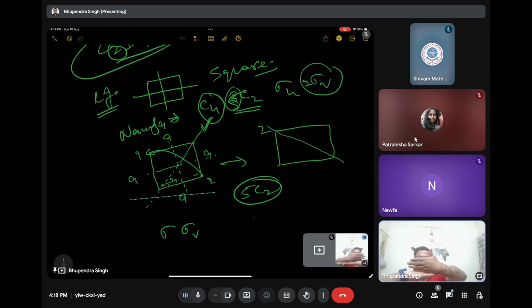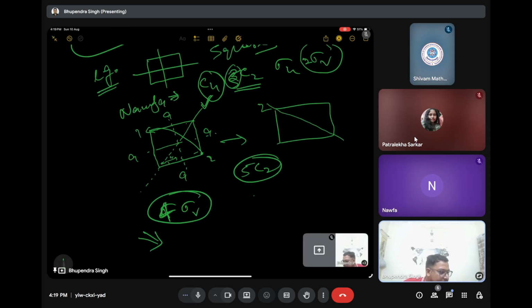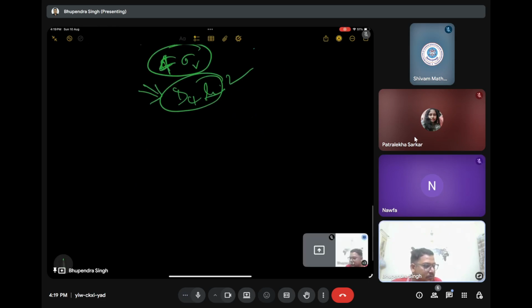This is 1 sigma, 2 sigma, 3 sigma diagonal, 4 sigma diagonal. And this sigma is sigma h. So yes, 4 sigma. Now tell me what is the point group? Yes, D4h. This is correct.